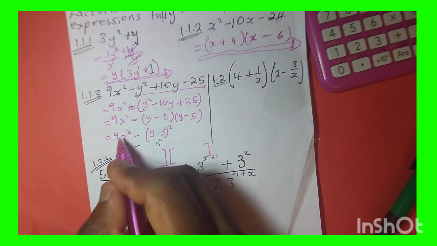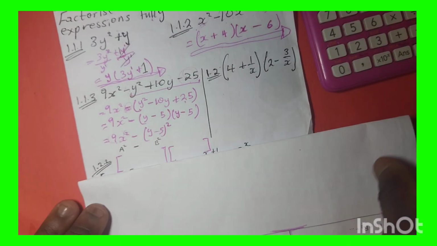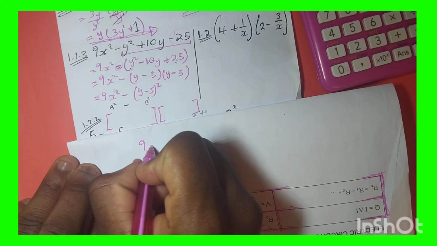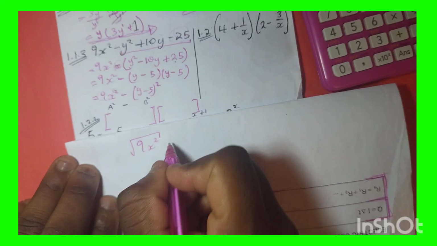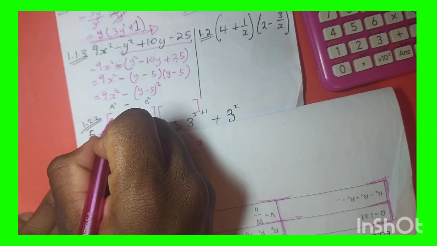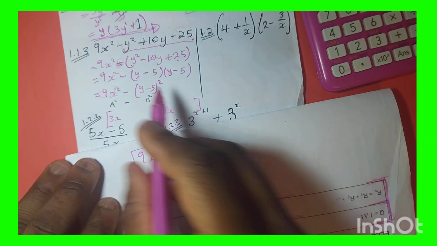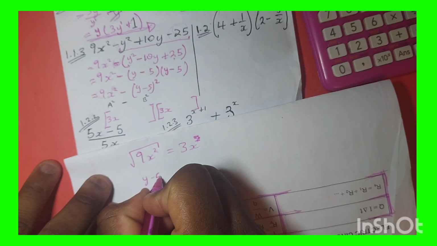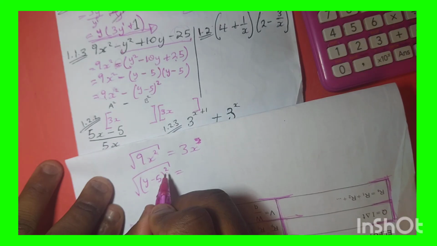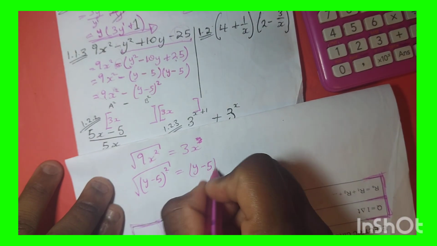Then if I take the square root of this, let's say now I'm taking the square root of that 9, the square root gives me 3x, because you will have the exponent, meaning here it's 3x. Now I can take the square root of that one, which is y minus 5 squared. There I will have that exponent, meaning this will give me y minus 5, and here it's 1.